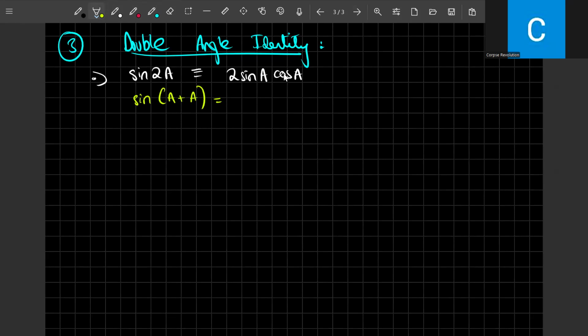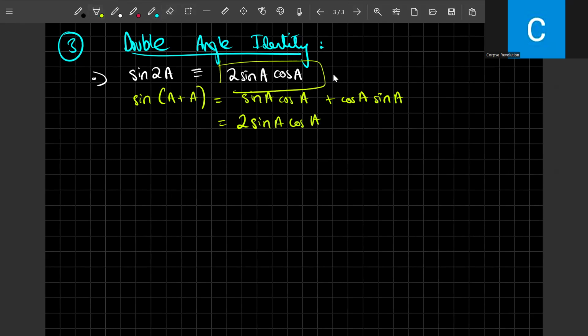Sine 2A is sine A cos A plus cos A sine A, which is 2 sine A cos A, which is the same thing as this.